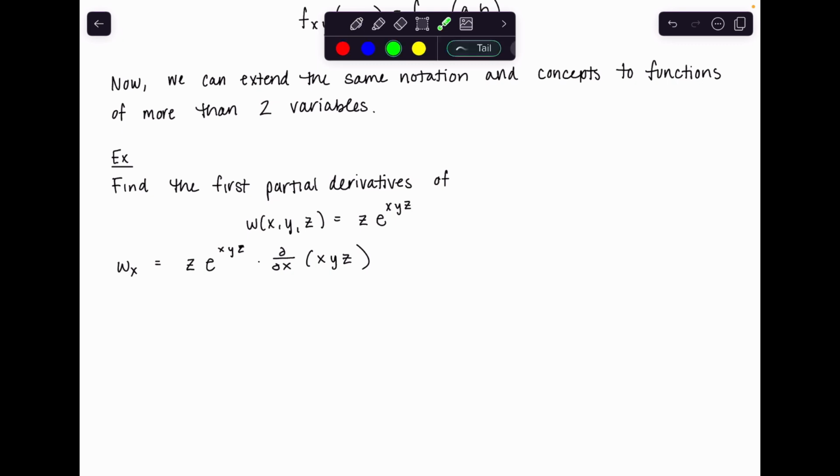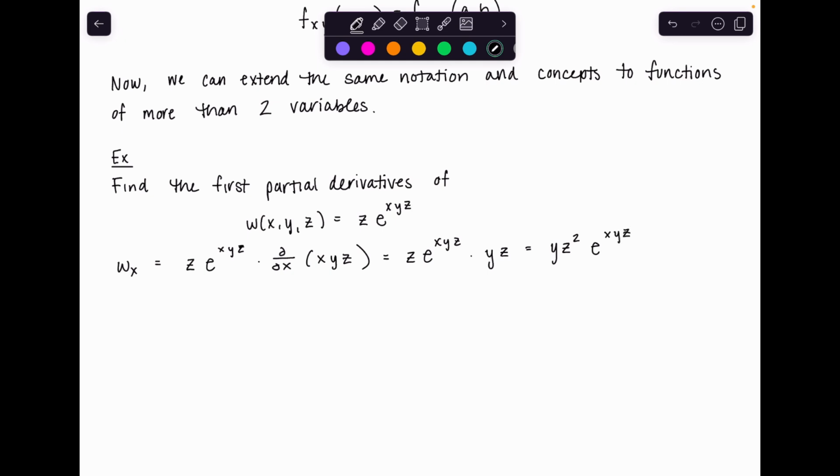Well, derivative of x is 1, so these just stay constants attached to it. So this is z e to the xyz, and then we get an extra yz popping out. So if you want to clean this up, you can write yz squared e to the xyz.